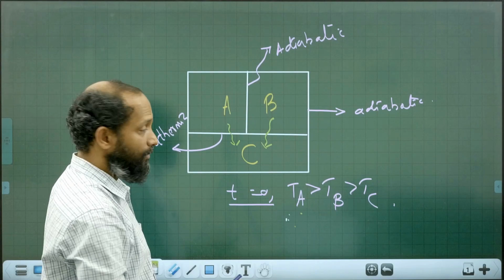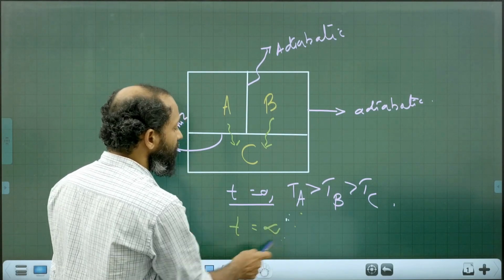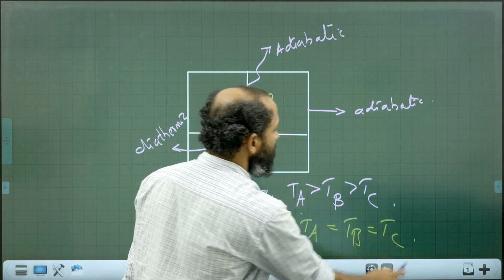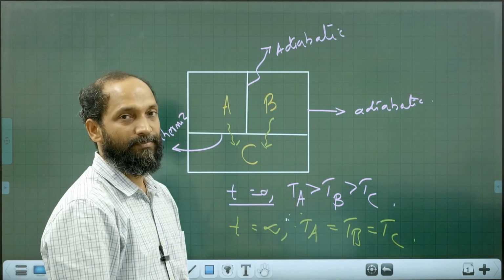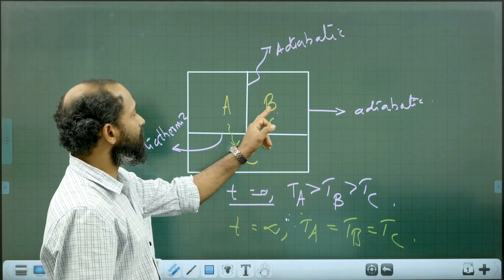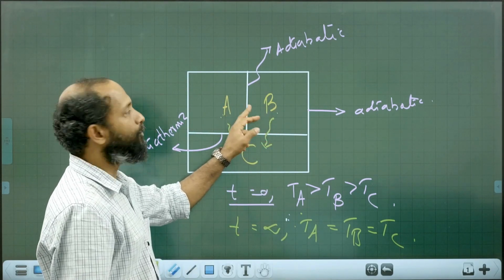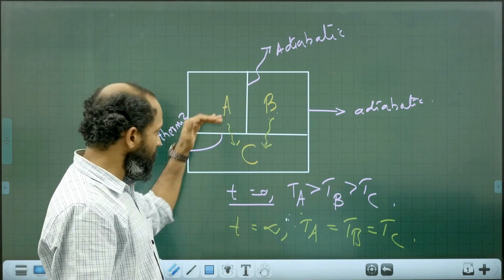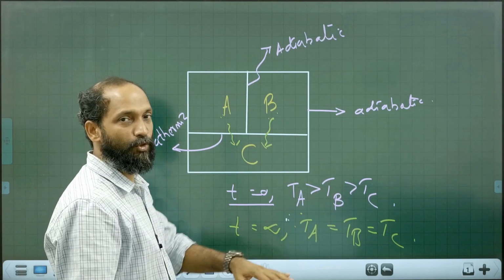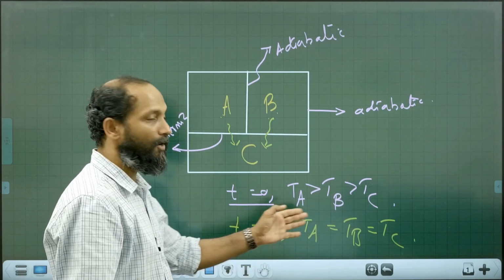And a stage comes at T equal to infinity, where TA equal to TB equal to TC is established. This is the case of thermal equilibrium. So two systems, A and B, separately in thermal equilibrium with the third system C, are also naturally in thermal equilibrium with each other after a long time.